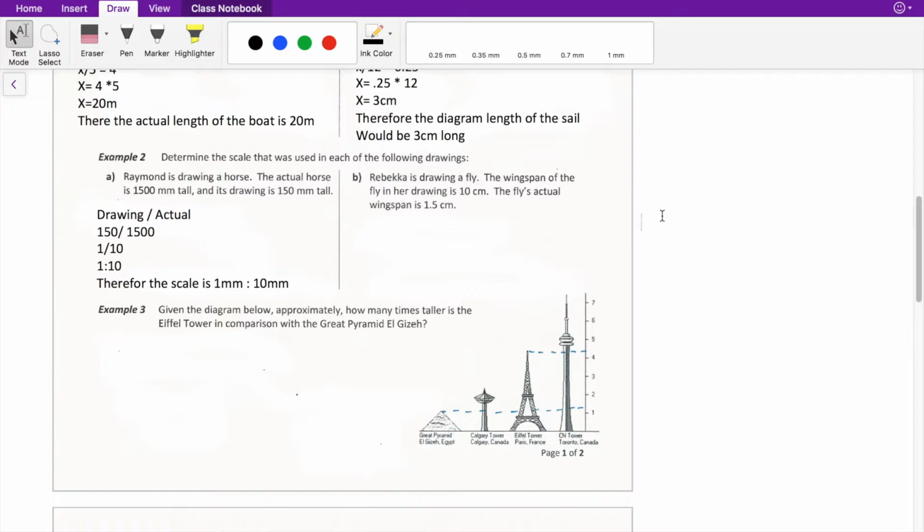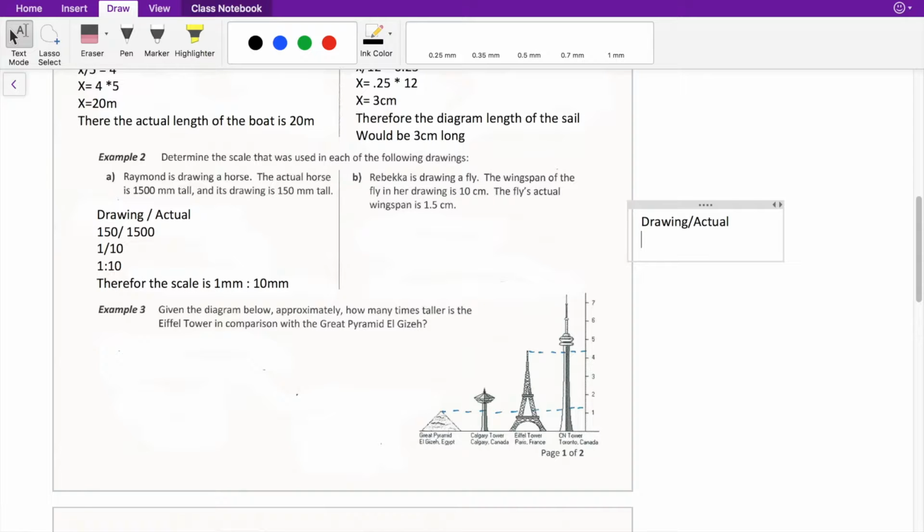So we have to figure out the scale for the next one. So remember, you're going drawing over actual. Okay. And because Alora asked, I'm going to wait here for a little bit and see if you can figure it out first yourself. So whoever has the mouse, please pause and we'll wait.